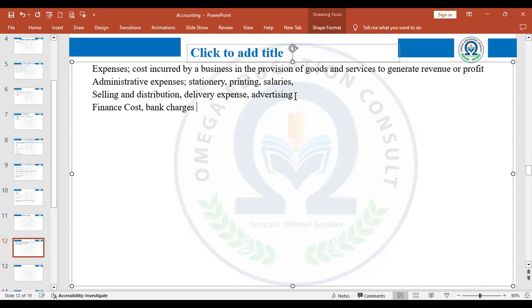Now, let me make this example in a way to make the differentiation clear. If I'm an Indomie seller, right? First of all, I need a gas stove, I need a gas cylinder, I need a kiosk or maybe a shop. Now, these items I've mentioned are assets of my business. Whether I prepare the Indomie or not, my shop will be there, right?